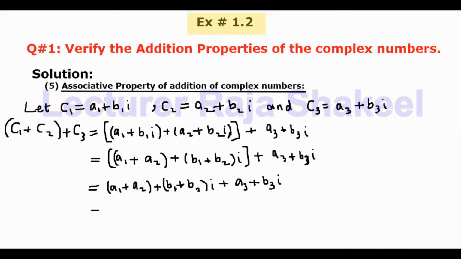We have done nothing here, but the outer brackets have been split. And now we can change the arrangement, so that a1 plus a2 will be taken with a3, because all of a1, a2, a3 are real numbers, therefore they are coming towards each other, while b1, b2, b3 are coming to another side. Iota is common in all of these, that's why we have taken iota as common from b1, b2, b3.